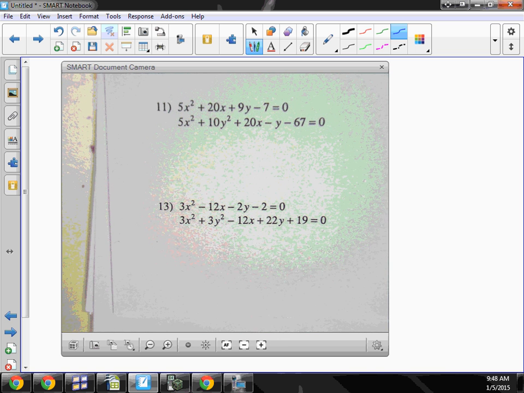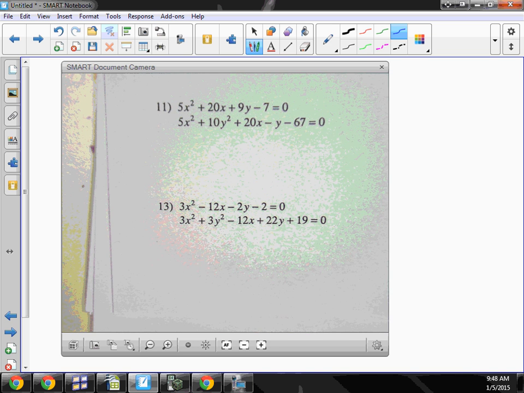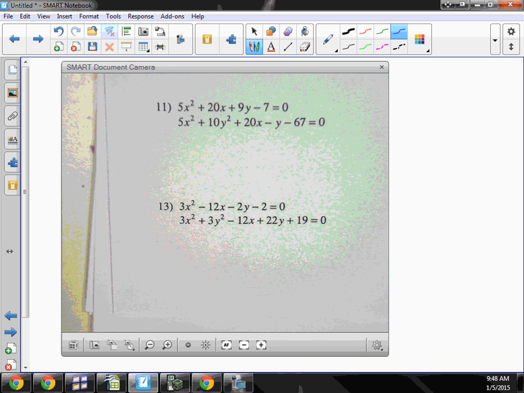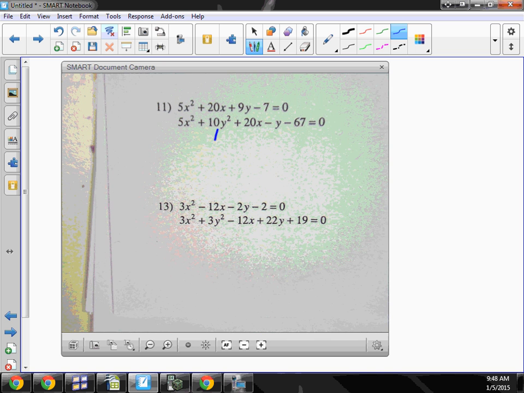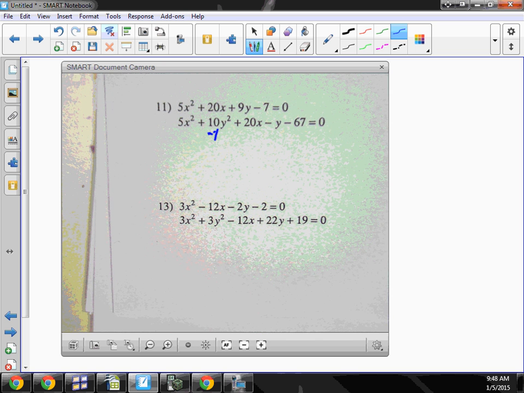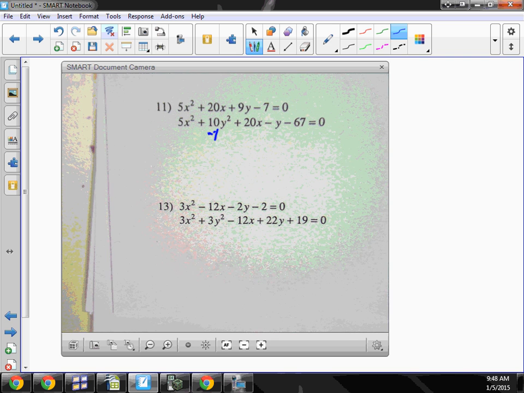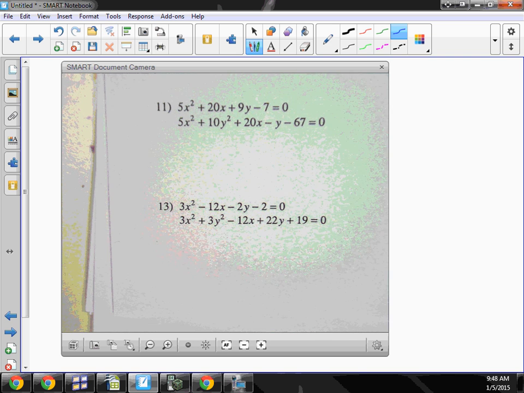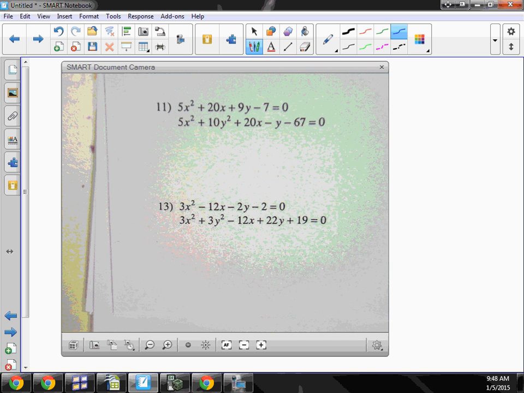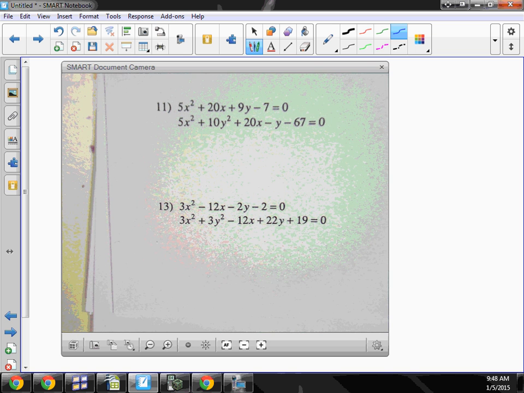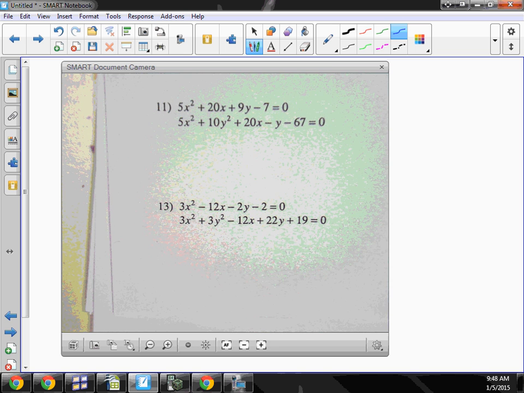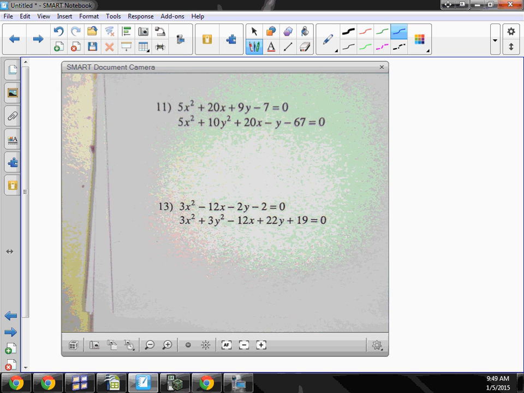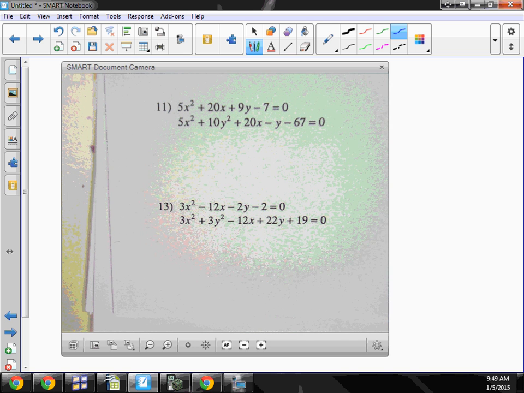I could times the bottom by 9, and then the 9y on top would cancel out the 9y on bottom, but I still have a y squared term, and elimination didn't actually happen. But I can eliminate the x's because I have a 5x squared on top and bottom, and a 20x on top and on bottom. So this doesn't happen very often, but when it does, it makes your life a lot easier. So what do I need to do in order for these to eliminate?